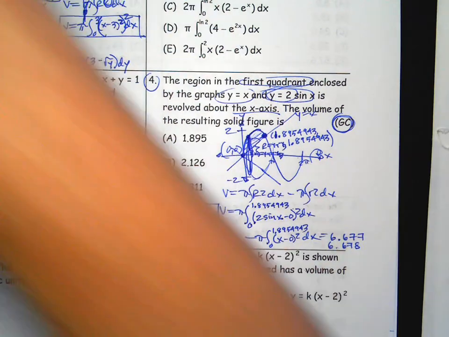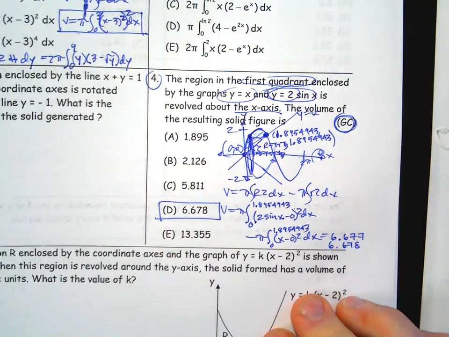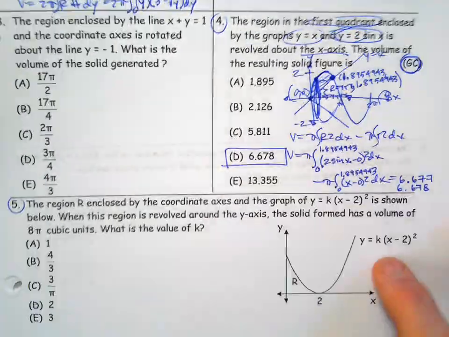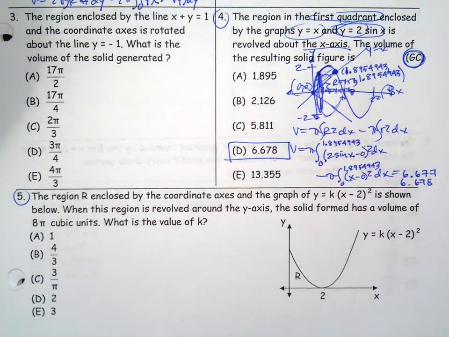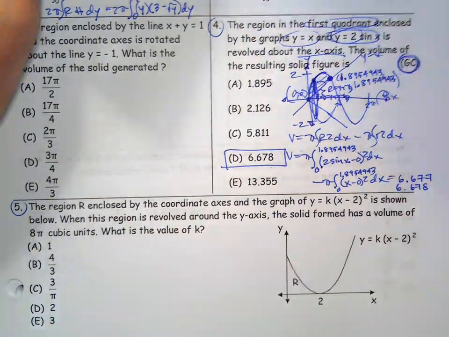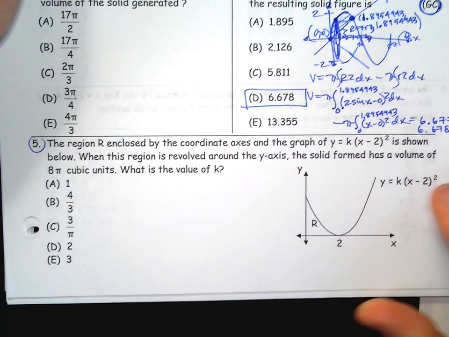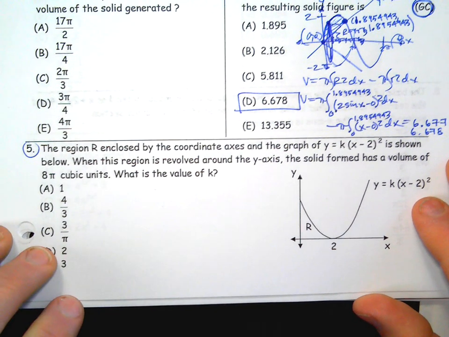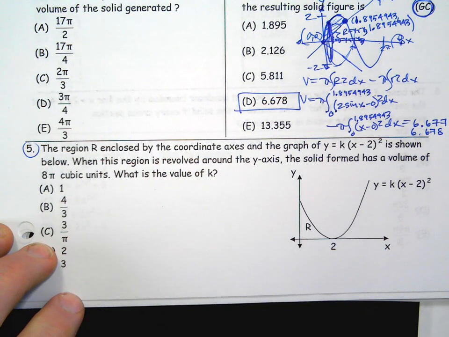Okay, number 5. We have a picture given to us. So let's see. The region R is enclosed by the coordinate axes and the graph of y equals k, so k is maybe just a number.